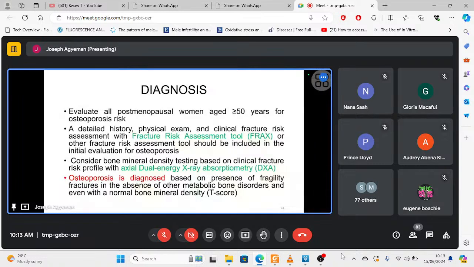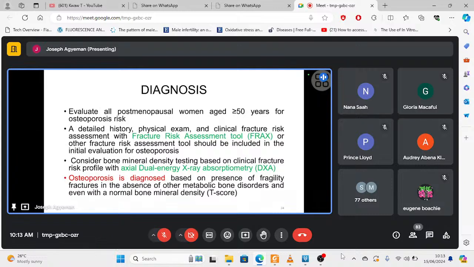So even with the absence of these conditions, you just clear them. They are not there, and the person is having fractures. Osteoporosis is diagnosed when there are fragility fractures, when you don't have any of these metabolic abnormalities that can contribute to bone fractures, even if the bone mineral density is normal. So that is the first criterion for diagnosing osteoporosis.